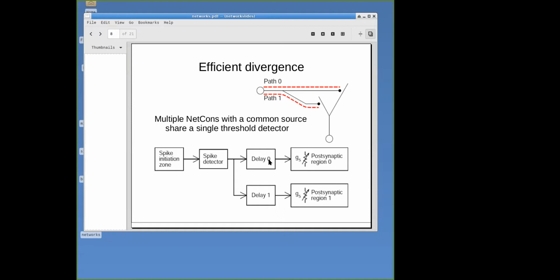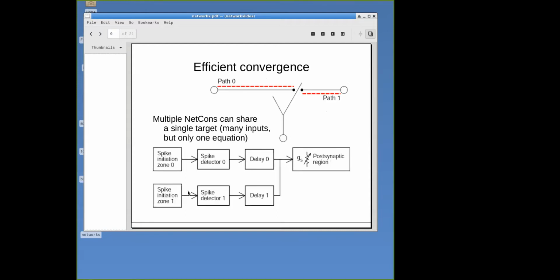Okay? And the delays can be different, and the weights associated with these different netcons can all be different, and the target mechanisms can be different, and they can be located on different parts of the same cell or on different cells. So fan-out divergence is highly efficient.